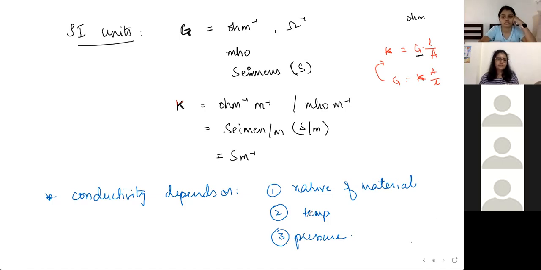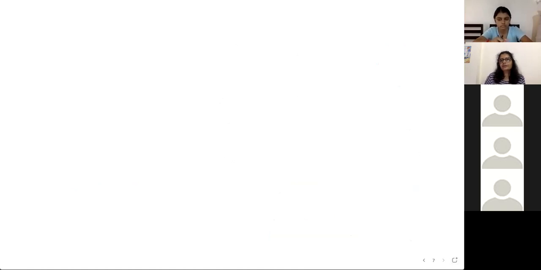Cool. So these are just an overview of the terms that we are going to use later on, just the meaning, like what they depend on. When we talk about conductance or conductivity, that physical quantity tells you how easily that material can conduct electricity.